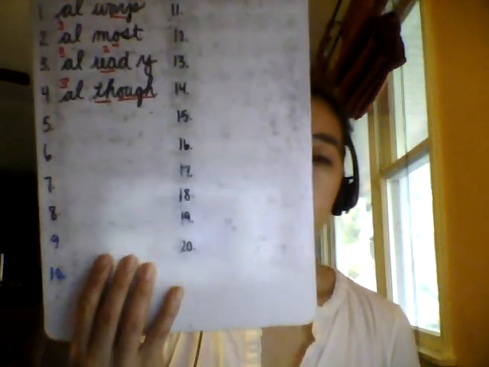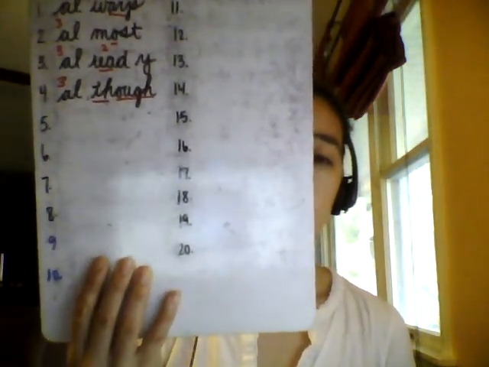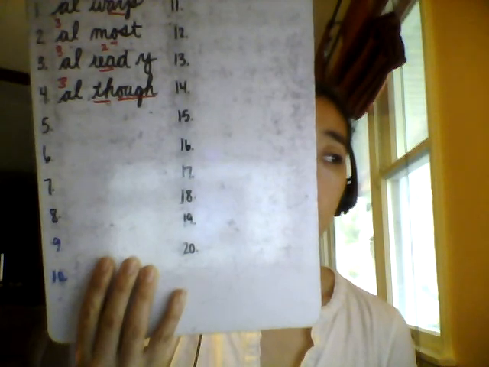Spell out loud with me. Although. A-L-T-H-O-U-G-H. Although. Number 5. Alone. I am by myself because I want to be alone.